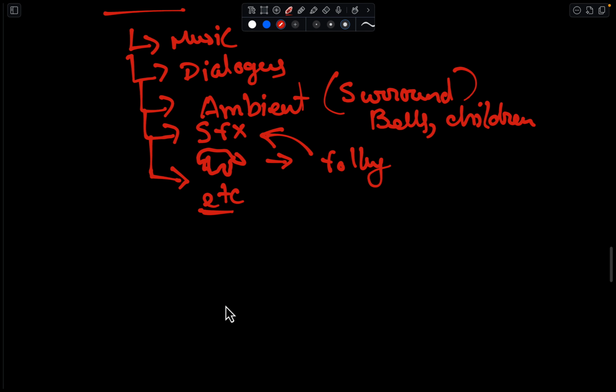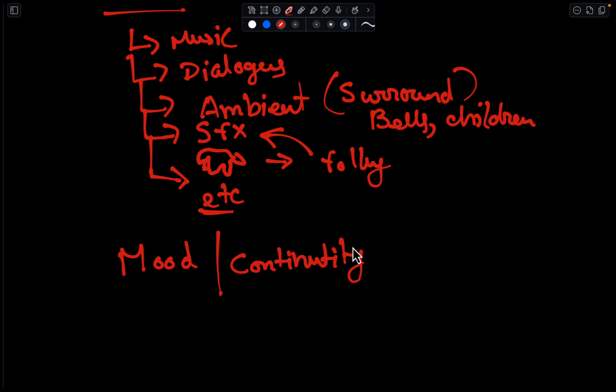But mainly, what does sound do? Sound helps to create a mood. Sound gives you the feel of continuity. Without sound, if you see a movie, it gives you a completely different experience than seeing the movie with sound.